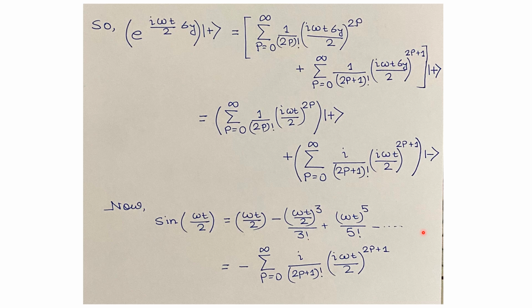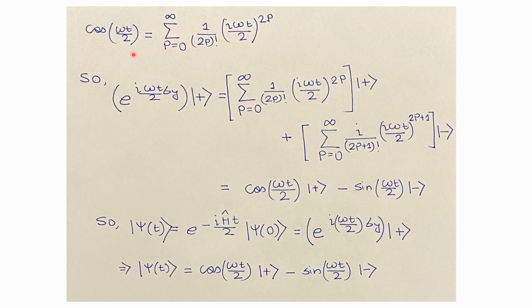If we want to write this expansion in a generalized series form, then it can be written as minus of summation over p equals 0 to infinity of I by (2p plus 1) factorial times (I omega t by 2) to the power 2p plus 1. Similarly, cos of omega t by 2 can be written in this series form, that is summation over p equals 0 to infinity of 1 by 2p factorial times (I omega t by 2) to the power 2p.